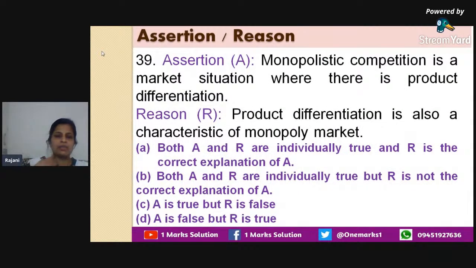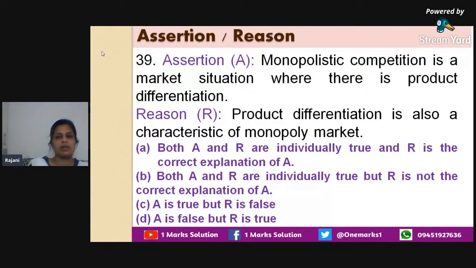The next question: monopolistic competition is a market situation where there is product differentiation. Product differentiation is also a characteristic of monopoly market. The assertion is correct.